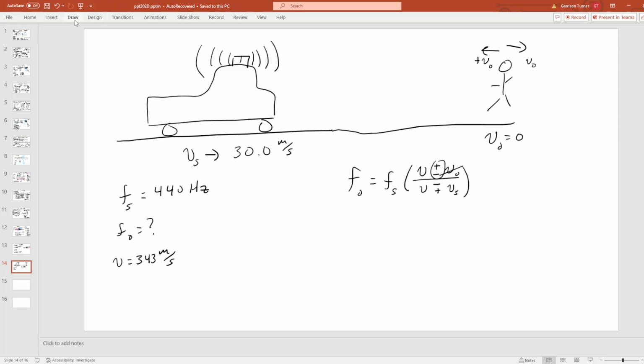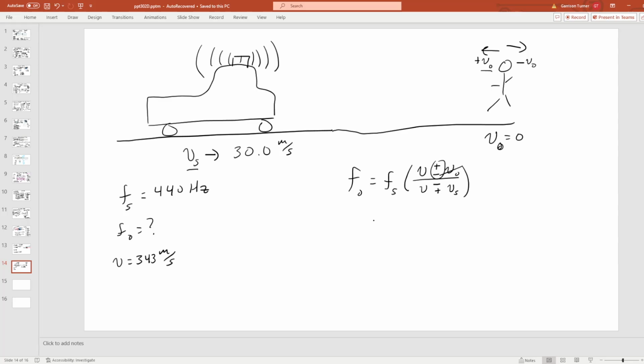That's right. So if the observer is moving toward the source, the siren in this case, then both of these velocities are positive. And if the observer is moving away, even if the source is catching up to it, then you have to take the negative for that. That's correct. But we don't have to worry about that because our observer is stationary in this case.